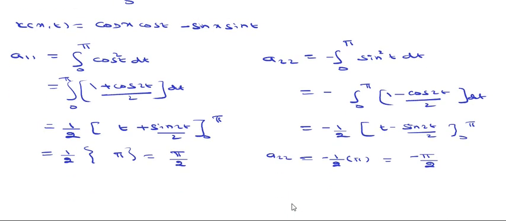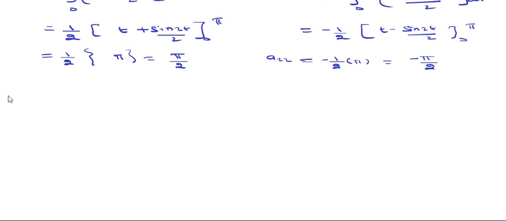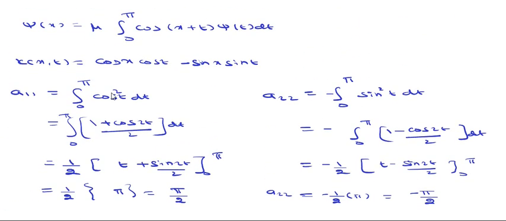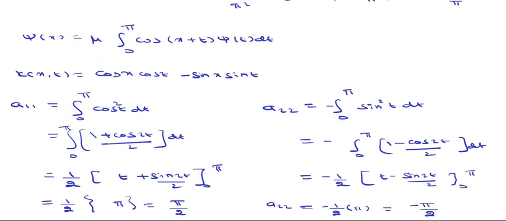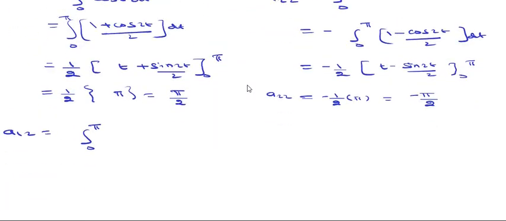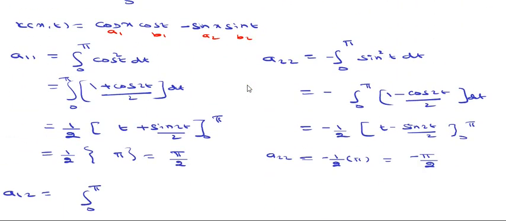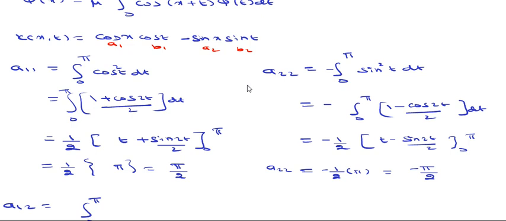So now a12. a12 is equal to integral 0 to pi b1, a2. Sorry, b1 into a2 with b2 being separate. So now we need b1: b1 is cos t, a2 is sin t.